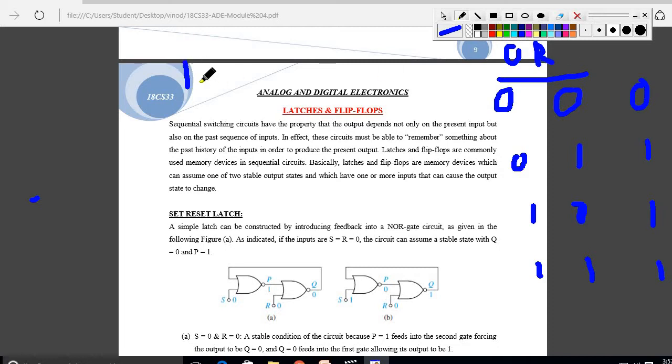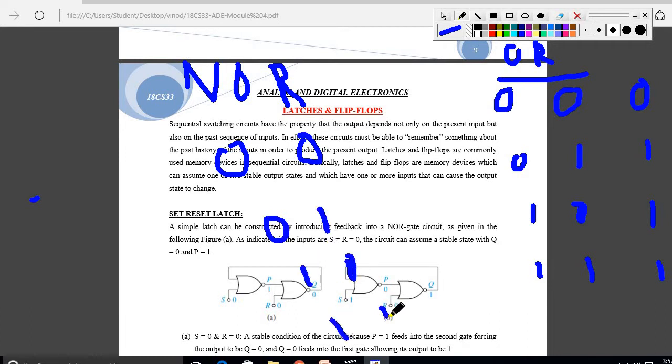So that is the NOR gate operation for the truth table. When both are 0 0, the output is 1, and for 0 1, 1 0, 1 1 the rest are all 0. So this truth table you should remember for NOR gate. Okay, that I have to operate in a set reset latch.